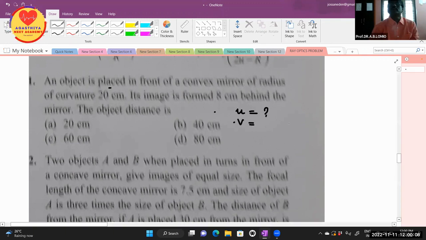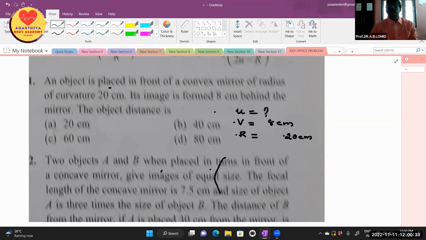V is given as 8 centimeter, and R is 20 centimeter.